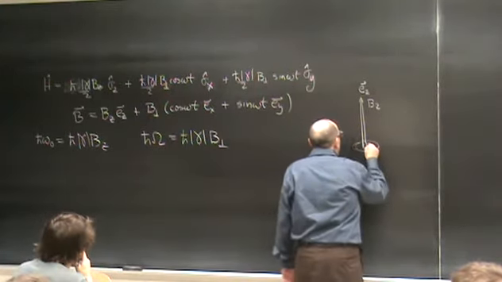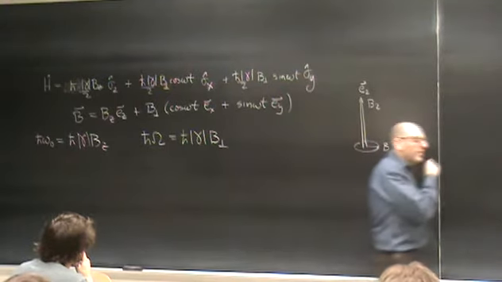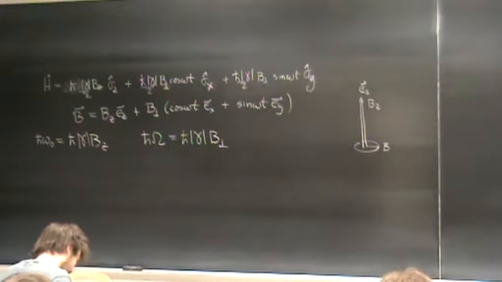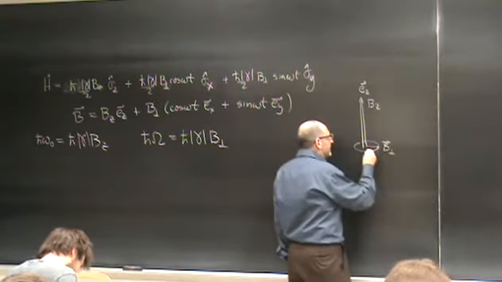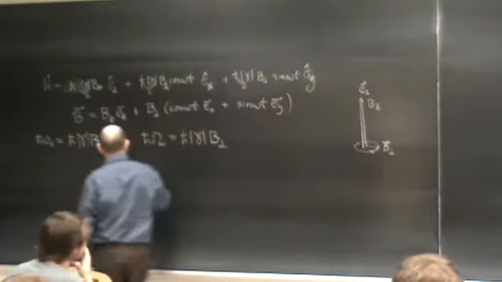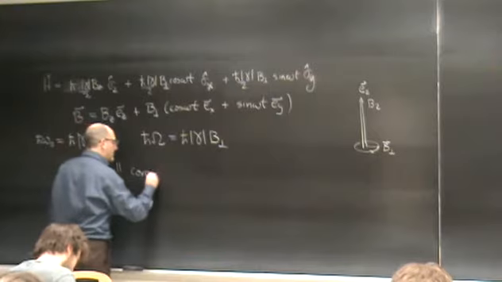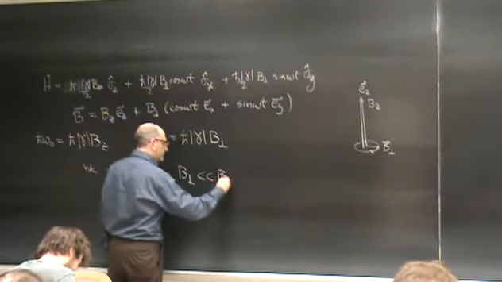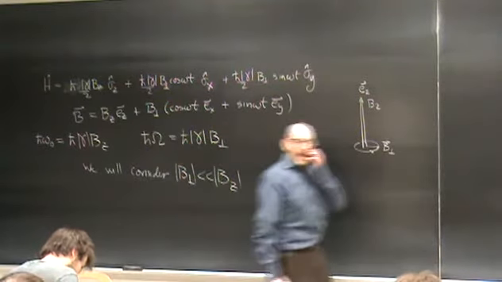Now, I don't have to for this problem, but we'll see why, I'm going to take the amplitude of the rotating field to be much smaller than the amplitude of the z field.